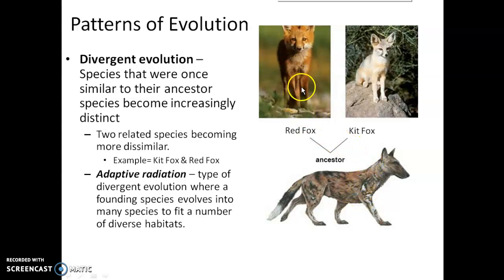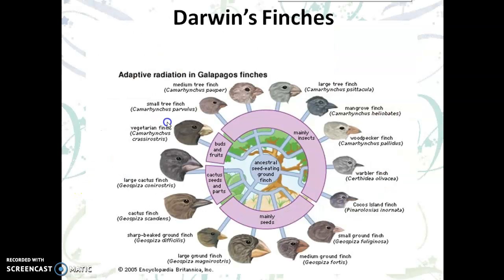And what has happened is as they've adapted to their surroundings, the red fox adapted to the deciduous forest, being able to blend in, with a thick fur coat to stay warm during the winter, compared to this fox, which is comparatively smaller because they live in drier conditions with not as much water. They are not as big of animals. They are also more light colored to help regulate body temperature and to blend into those sandy surroundings.